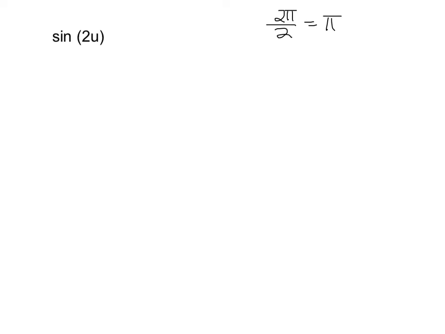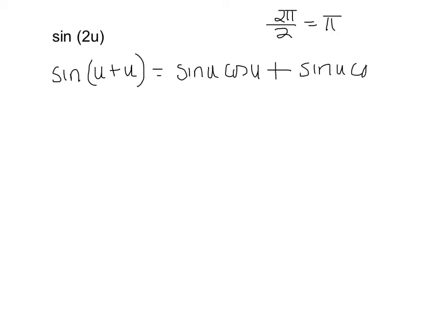So what we can do here is to derive the double angle formula. Instead of thinking of this as 2 times u, I'm going to think of it as u plus u. 2u is just u plus u. And that's just the sum formula. So I would do the sine of u, the cosine of u, plus, since our sine is the same sign, then sine u, cosine u.